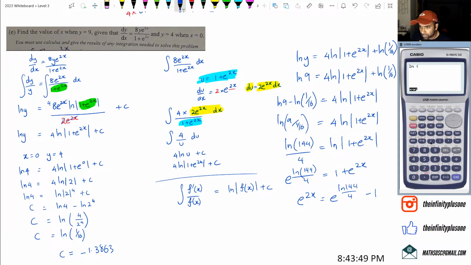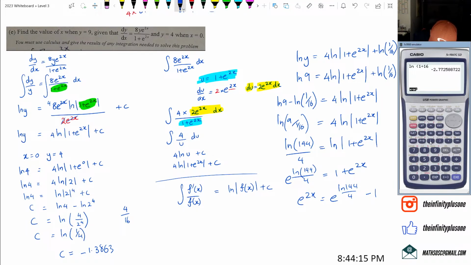ln of 1 divided by 16. Now here's where the problem is. What did I make a mistake with here? Is it 1 over 16 or 1 over 8? 4 over 2 to the power of 4 is 16. Ah, here's my mistake.